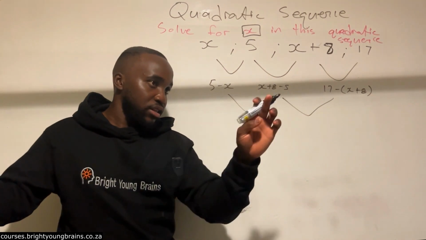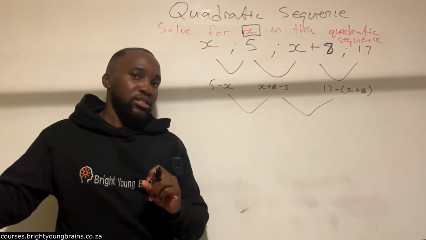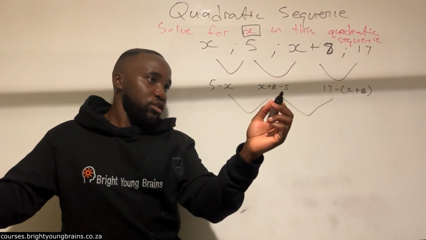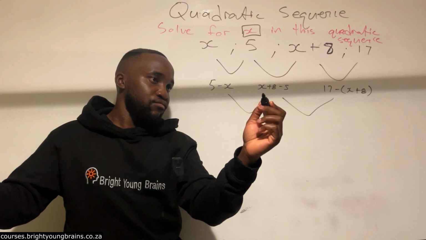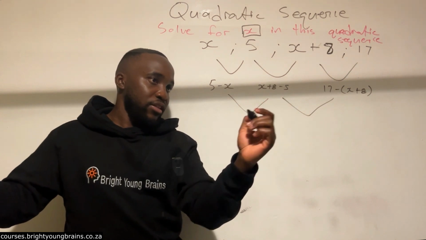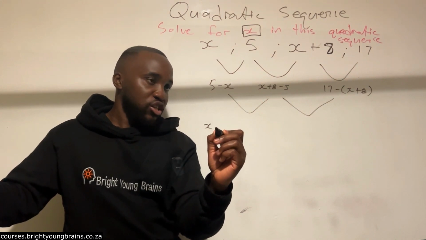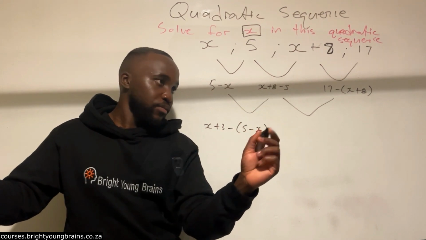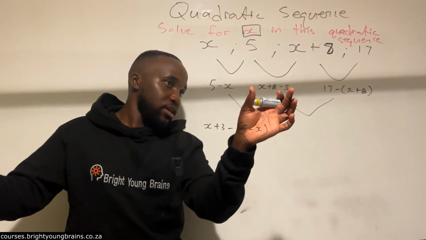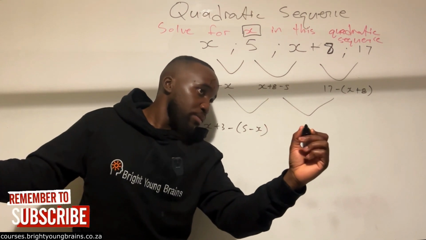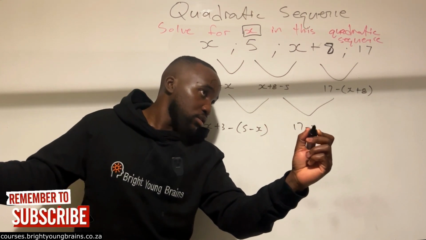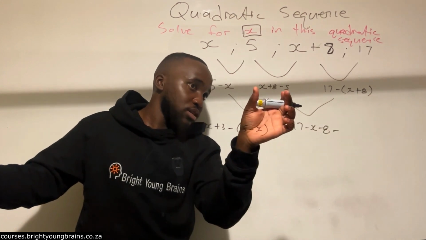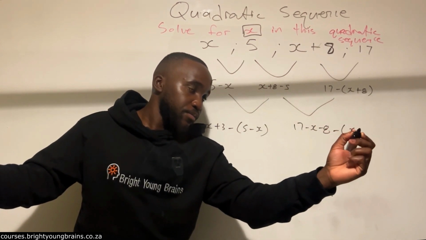Meaning that this minus that is equal to this minus that. So here, if we're going to simplify, this is just x plus 3, minus this. Here, if you're going to take this minus that, you would be having 17 minus x minus 8. That whole thing here was subtracting this. There we go.